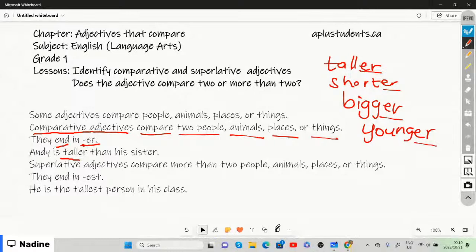Then we have superlative adjectives. A superlative adjective compares two or more than two people. Superlative adjectives compare more than two people, animals, places, or things.